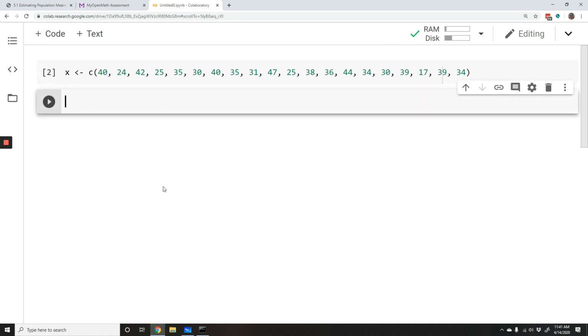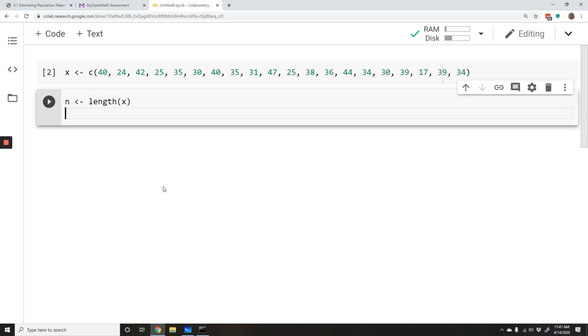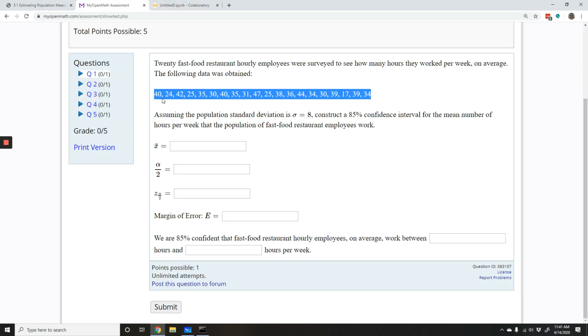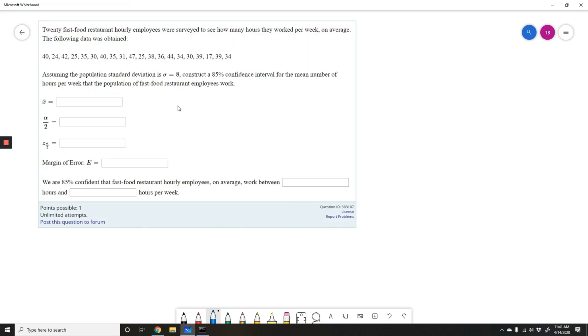And let's find the mean. To find the mean, I'm going to want the length of that data, which should be 20, right? Because the problem told us that there are 20 fast food restaurant employees that were surveyed.